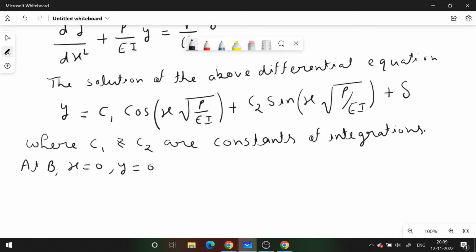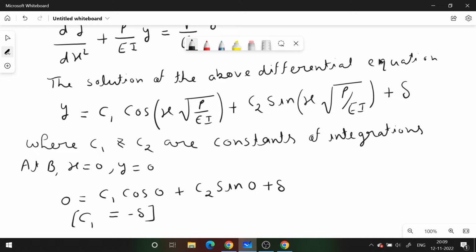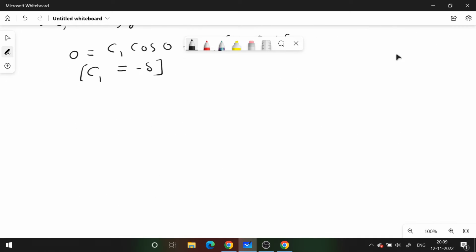Substituting these values in the above equation, 0 is equal to C1 cos 0 plus C2 sin 0 plus delta. From here C1 is equal to minus delta. Also at point B, where x is equal to 0, slope is equal to 0 because B is a fixed end. So slope and deflection both are 0 at this point.